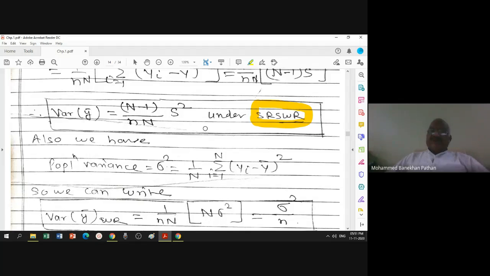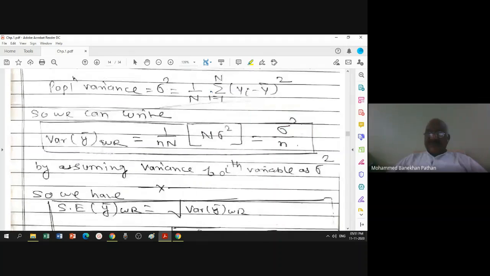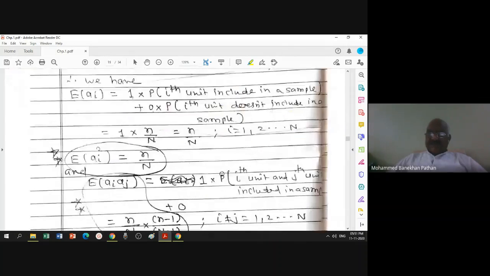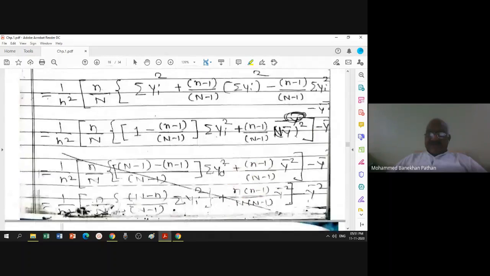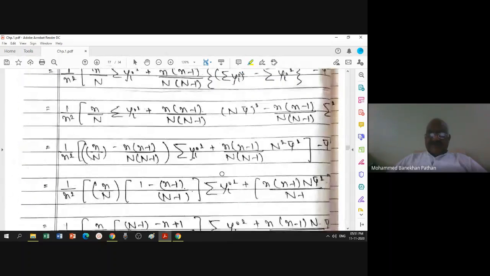So if you consider the population very, very large, the approximate variance for with replacement and for without replacement is the same, that is S square upon small n. That is the limiting case under with replacement and without replacement.